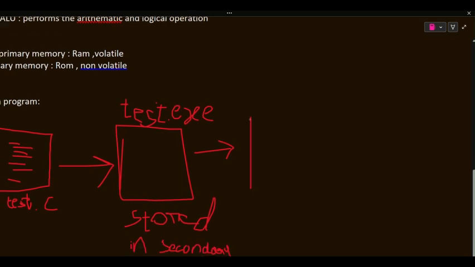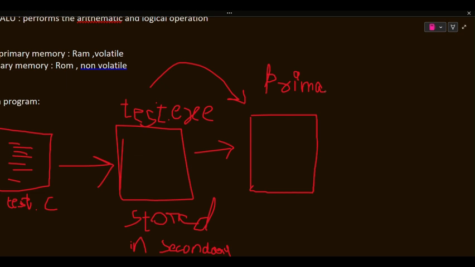Now, when the program has to be executed, it will be moved from secondary memory to the primary memory. Since the primary memory is connected to the CPU and primary memory is faster than the secondary memory, a program must be moved from secondary memory to primary memory before execution.